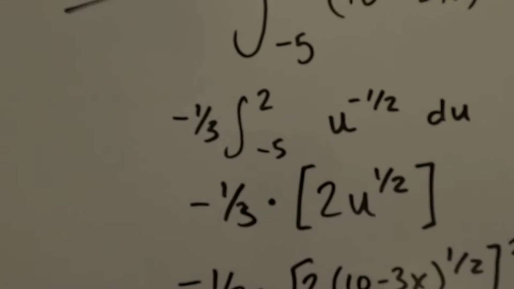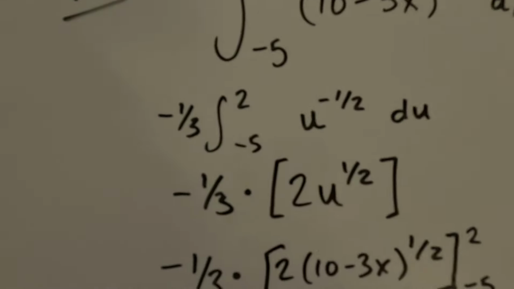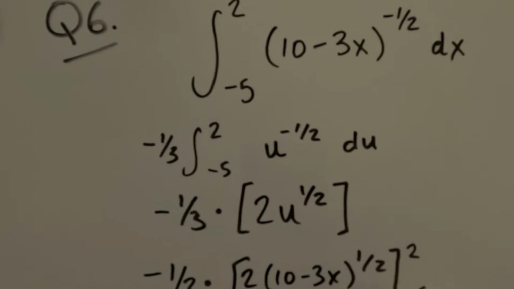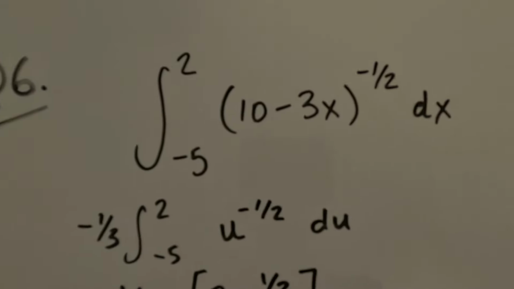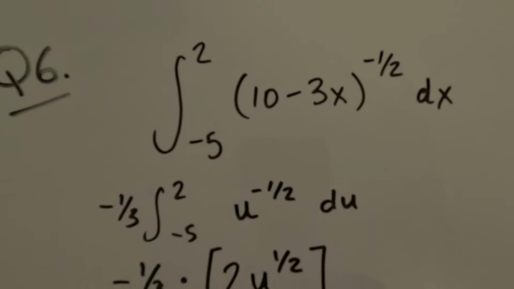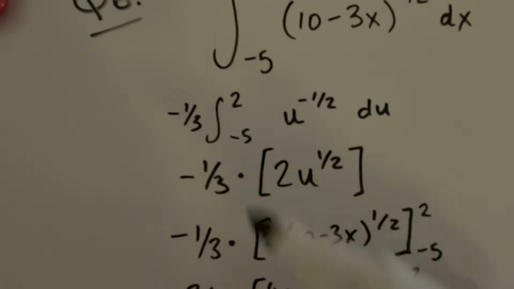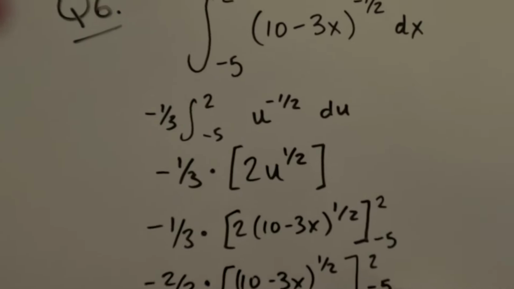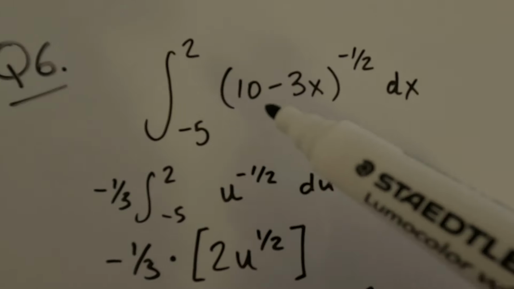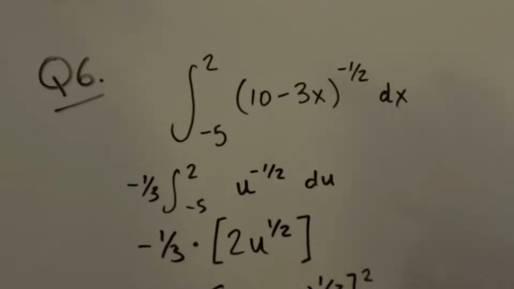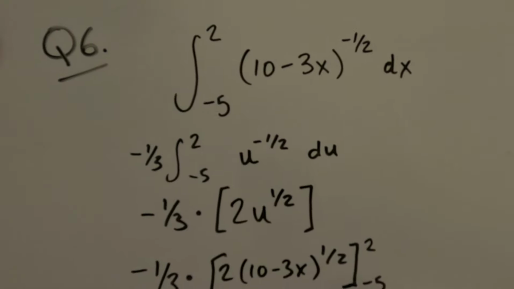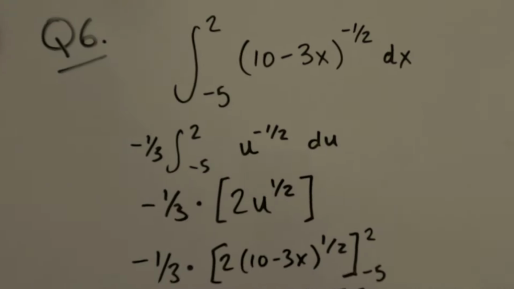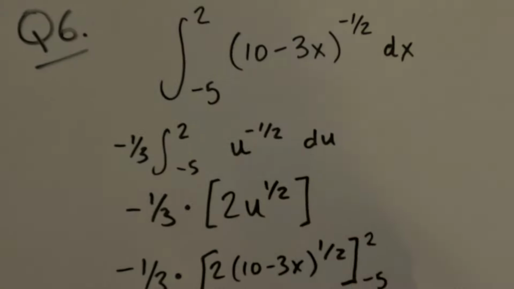A lot of students don't include that. They just integrate the whole thing directly. So they end up with that without the minus 1/3. Obviously if it was 10 plus x, then that would be correct. You wouldn't have any constant term outside, you wouldn't have any minus 1/3.